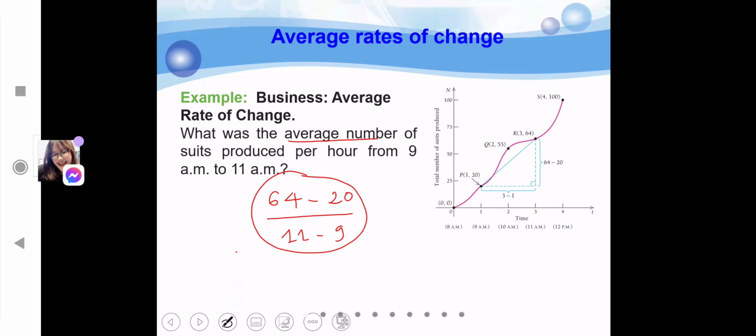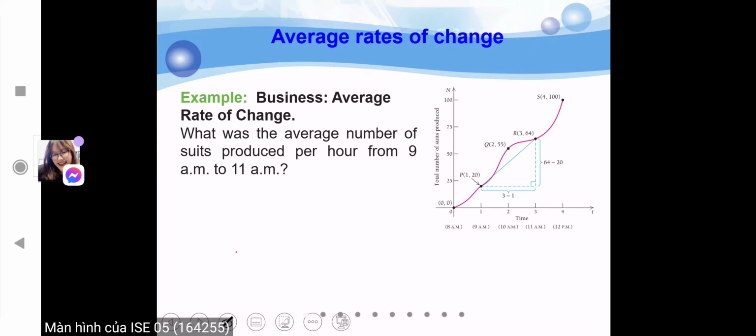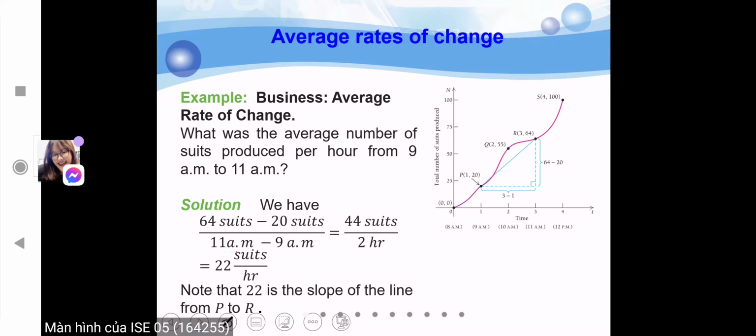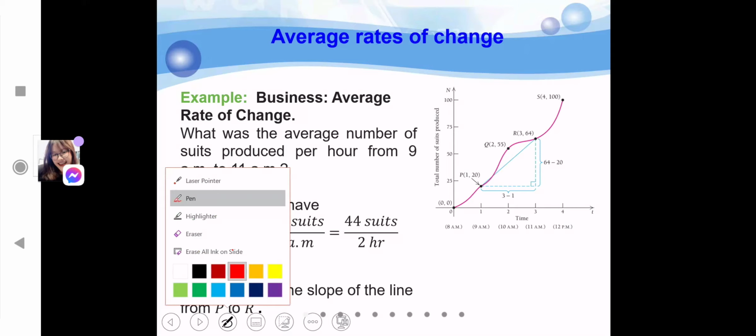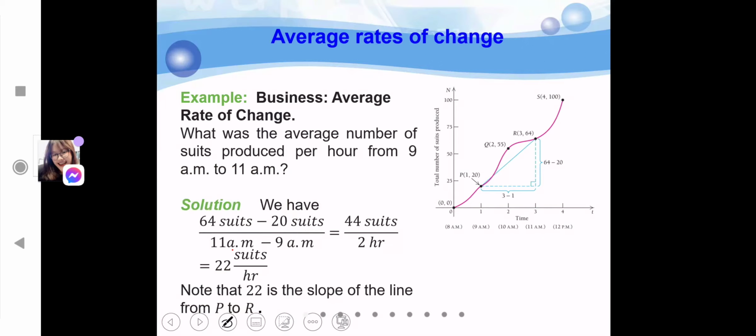And we have this: 54 sweets minus 20 sweets equals the slope of PR. PR is a line.